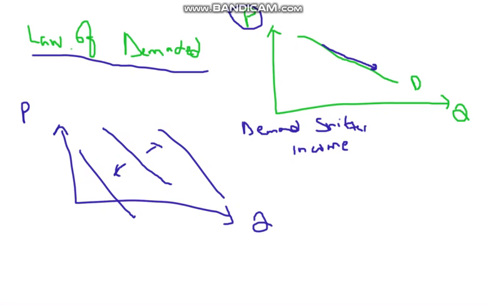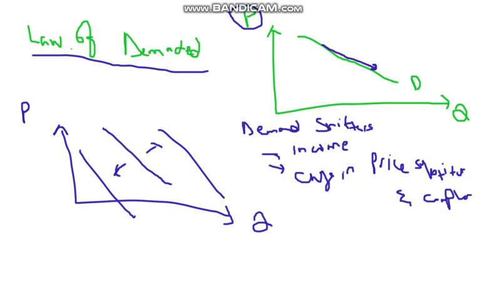It could be the change in income of the consumer, change in the price of substitutes, change in the price of complements, change in the expected price of the good, or some other factors.